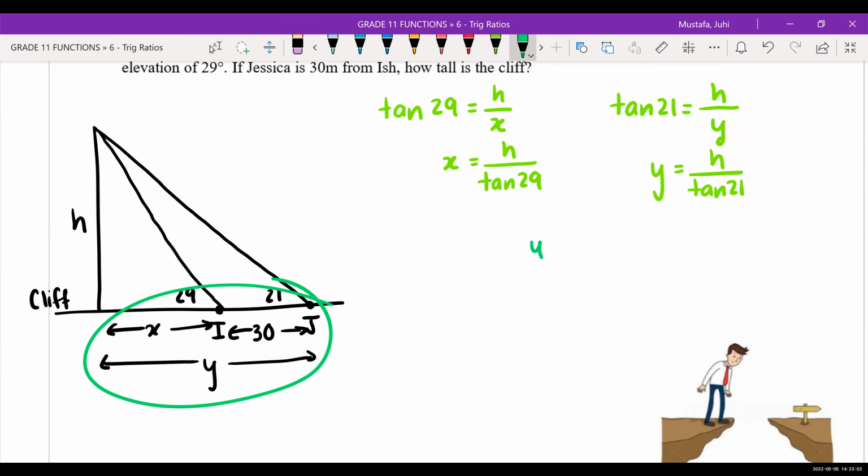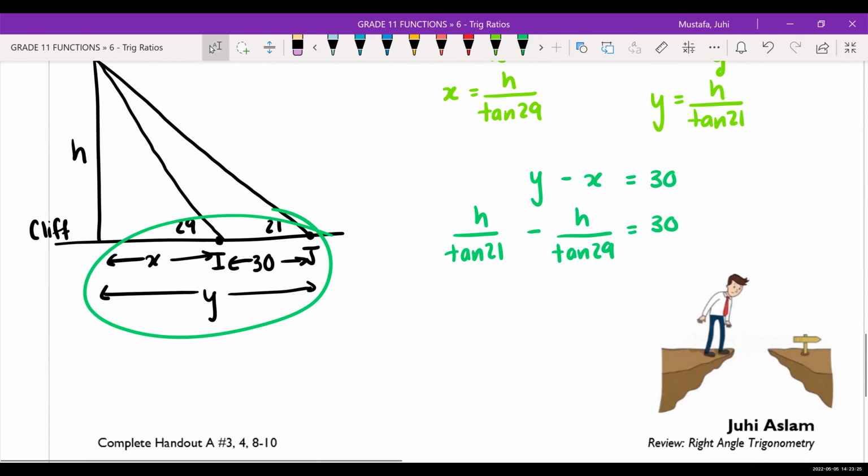Okay, same steps as before. Let's plug in our Y, which is H over tan 21, minus our X, which is H over tan 29, is equal to 30. The last time I solved this, I factored out the H, so I'm going to do the same thing here.